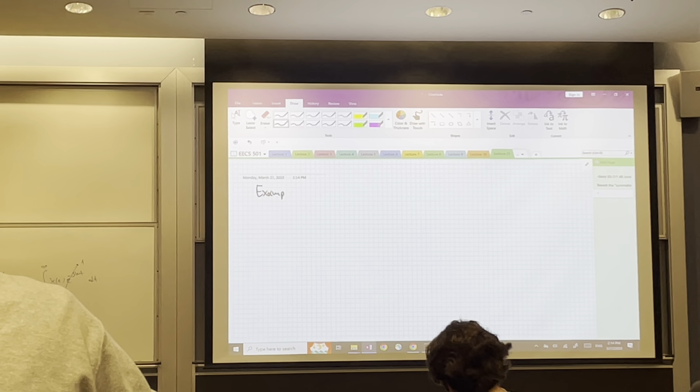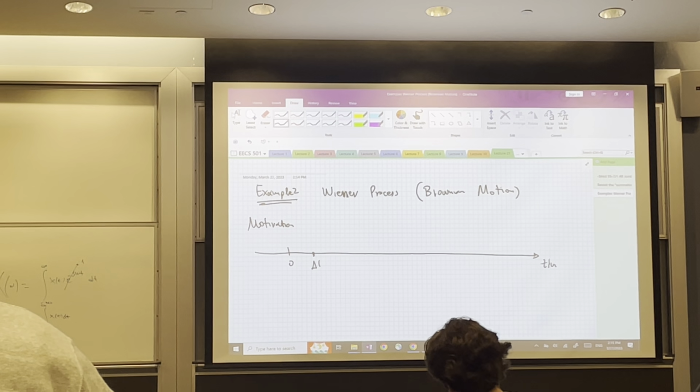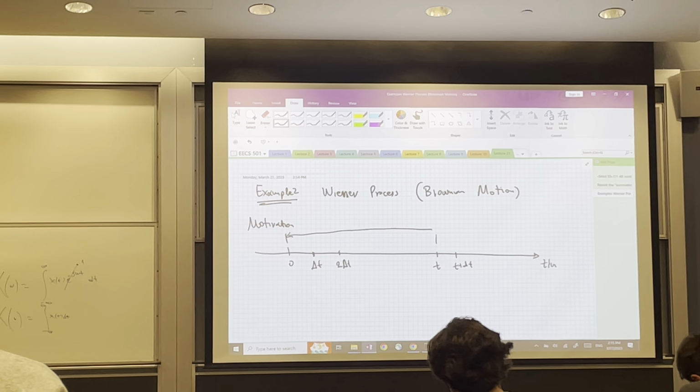Imagine that we discretize time. So we have 0, delta t, 2 delta t, and so on, all the way to t plus delta t. So we split the time into t over delta t intervals. And let's define a discrete time random process as follows. x0 is 0, start with 0. I already defined it at these points.